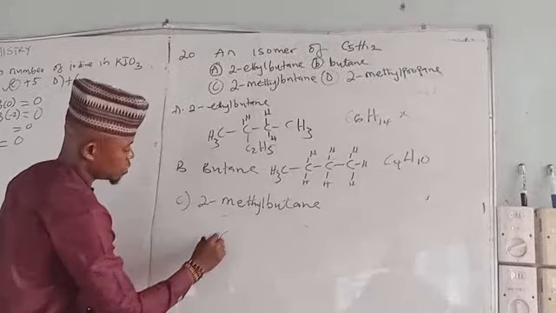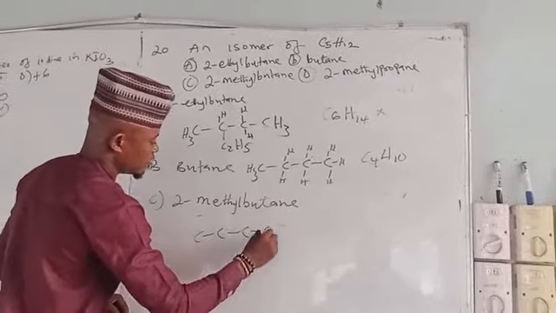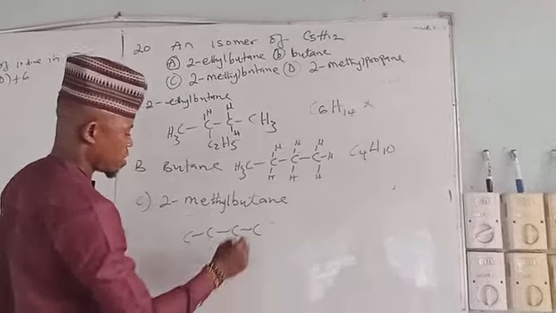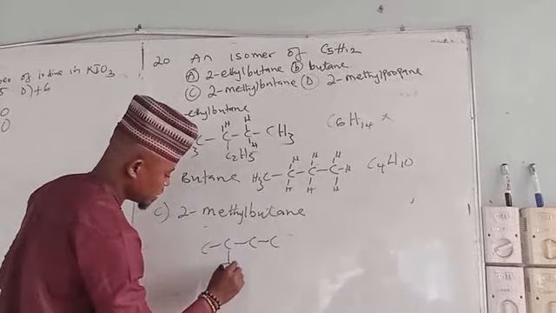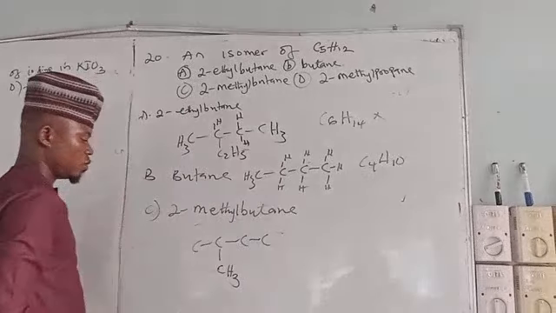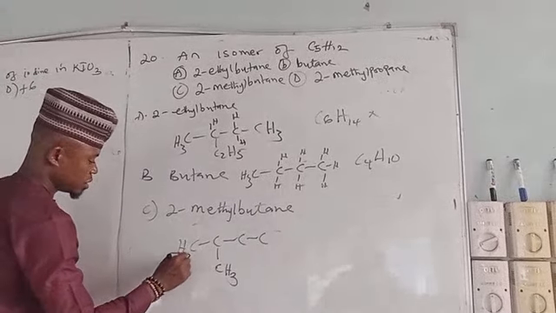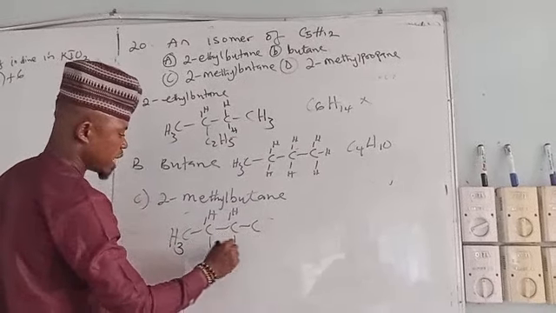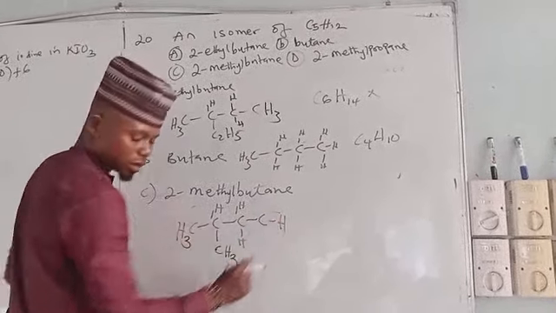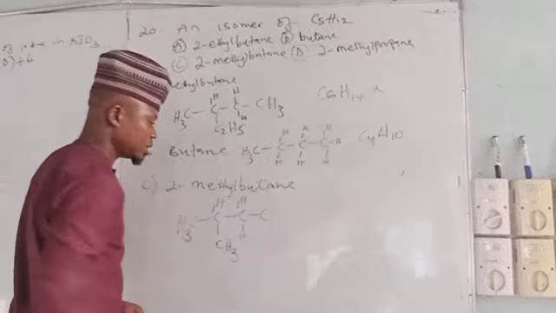C. 2-methylbutane. 1, 2, 3, 4. This is butane. The methyl is on carbon number 2. So we have CH3. We can saturate the carbon atoms, since any carbon must have 4 bonds.